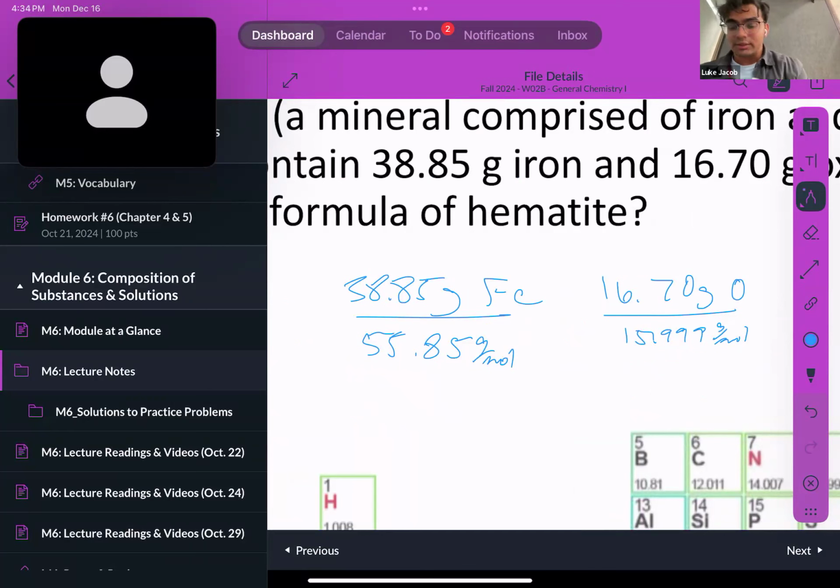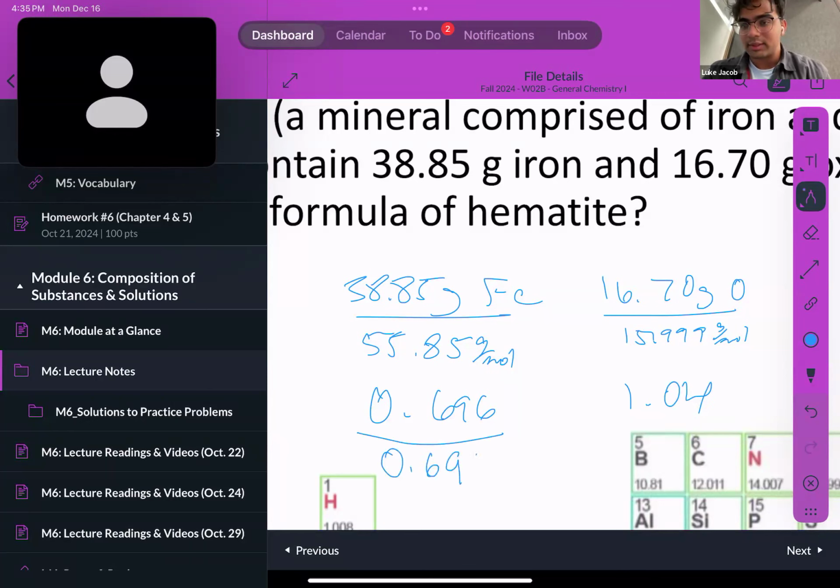Okay, I just pulled up my crusty dusty calculator. 38.85 divided by 55.85 gives something like 0.696, right? And this one, 16.70 divided by 15.999, would be 1.04. Then you divide by the smallest one, 0.696.